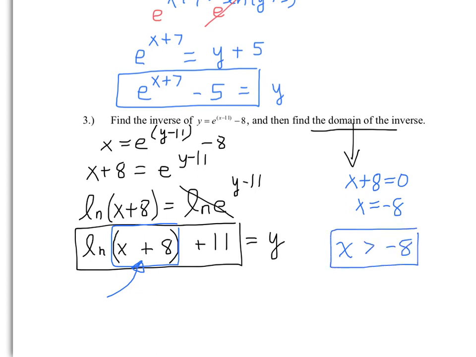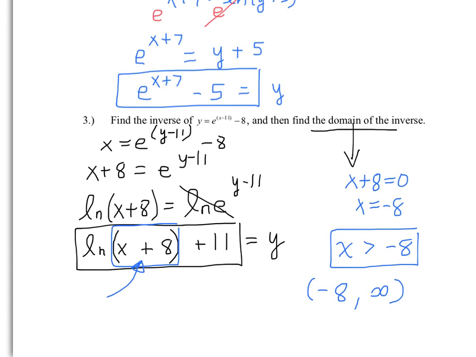That's our domain. Negative 8 to infinity is another way we can express our domain. Again, we are not including that negative 8 because it would give us the natural log of 0, and that is undefined.